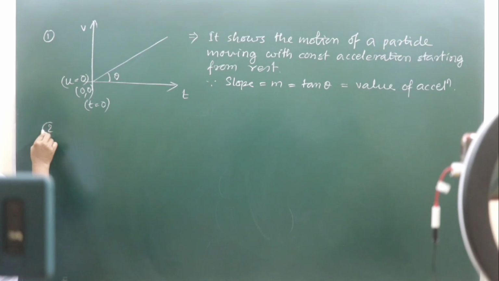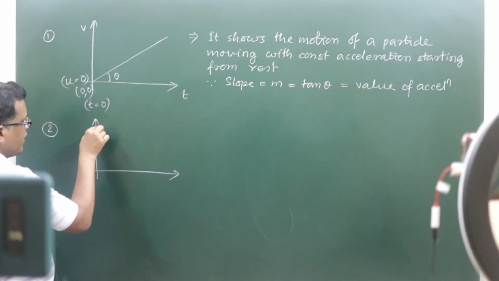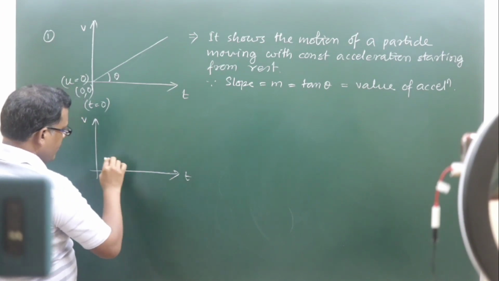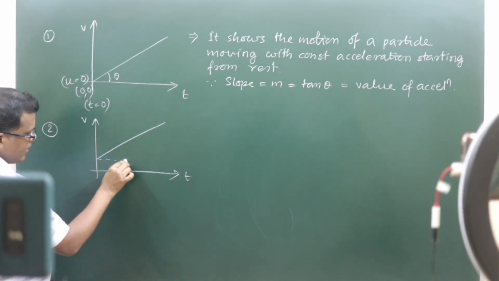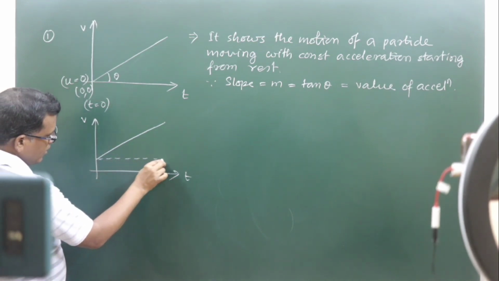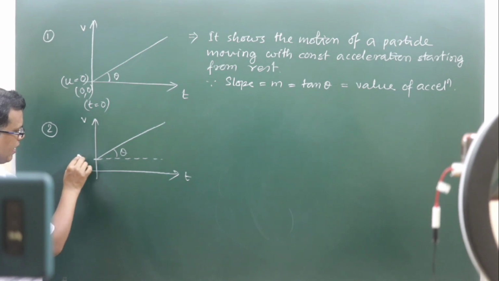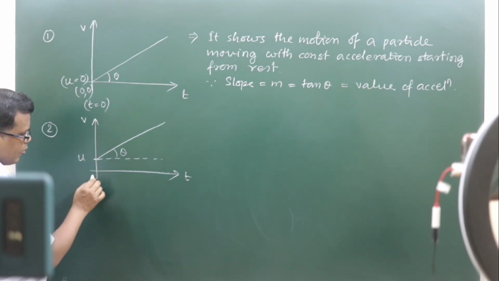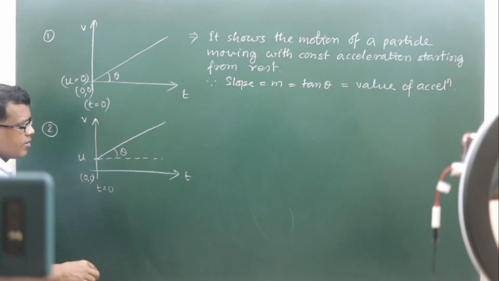Now in a velocity time graph, if I draw the straight line like this, you can see again the slope is constant, but the initial velocity has some u value at t equal to 0. At the starting t equal to 0, the particle has a certain velocity.